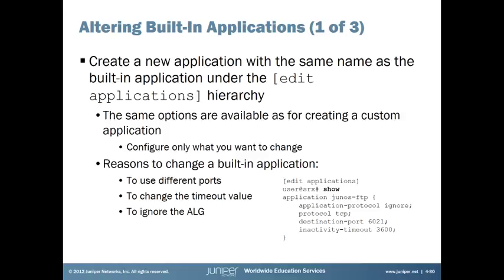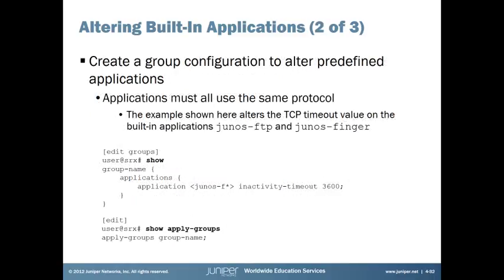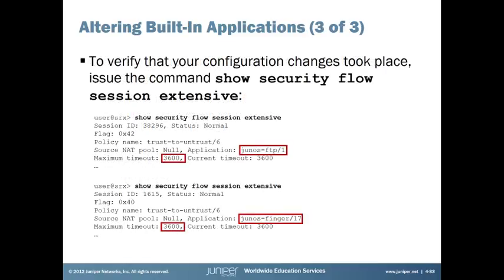I've had it where you hear everything twice, the telephone conversation is repeated, like hello, how are you, what's going on? And you turn off the ALG and it all works perfectly again. So sometimes they can be problematic. So we can alter the built-in applications. Usually you don't, but you can.